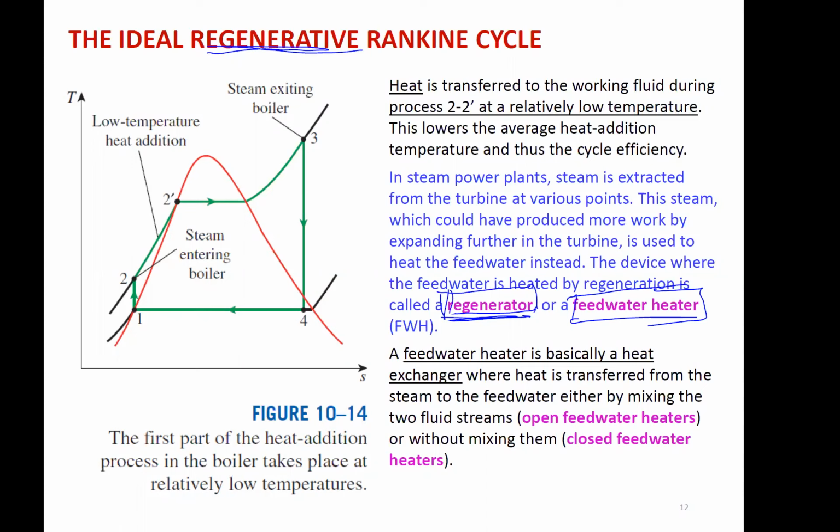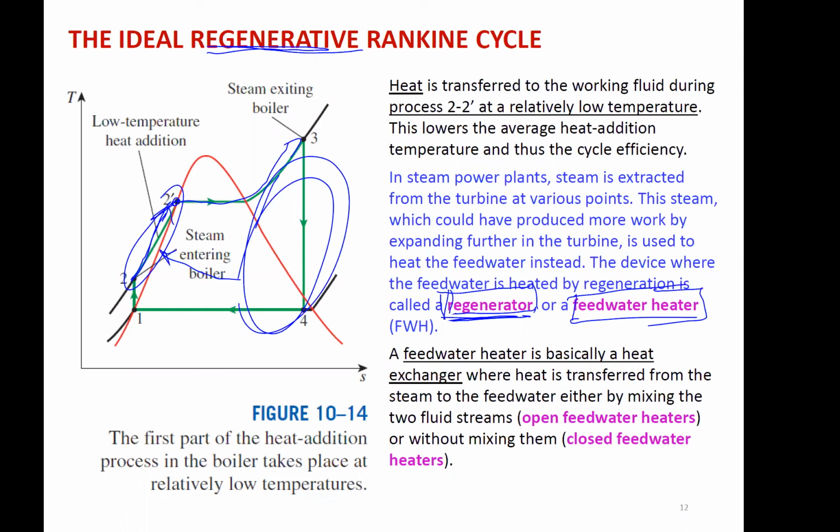Okay, and what it's doing is moving thermal energy from over here somewhere, right, and putting it over here so that where we would normally add heat from 2 all the way to 3, we're going to try to use the regenerators to get us as close as we can to 2 prime.